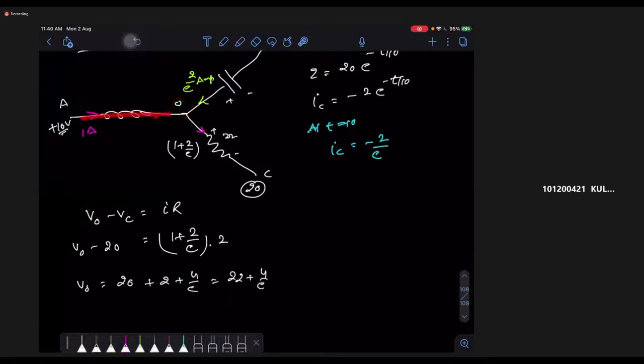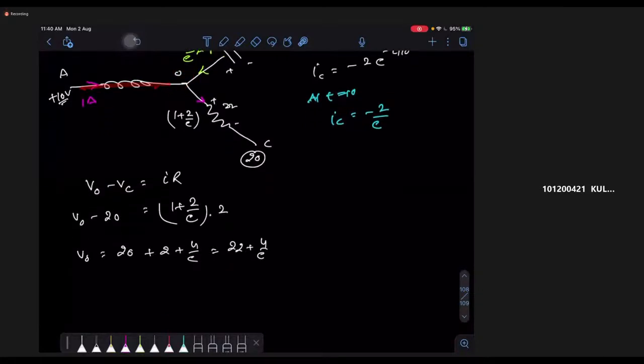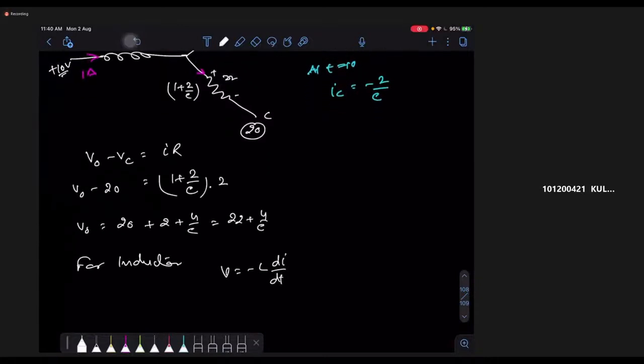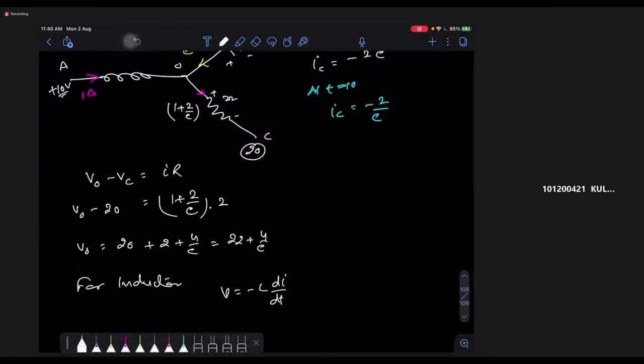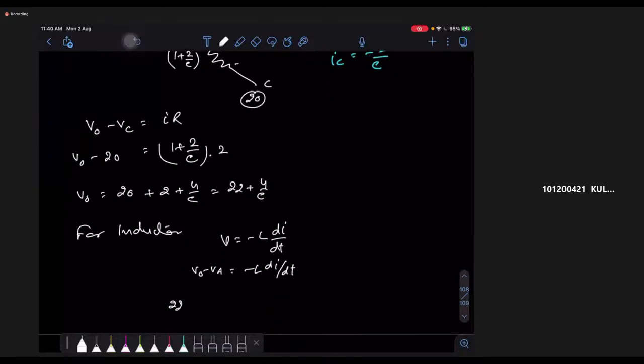So across the inductor, what is the equation for the inductor here? V is equal to minus L di by dt. So it is going to be O minus A equals L di by dt. O potential is 22 plus 4 by E, A potential is 10 volts, L is 5.